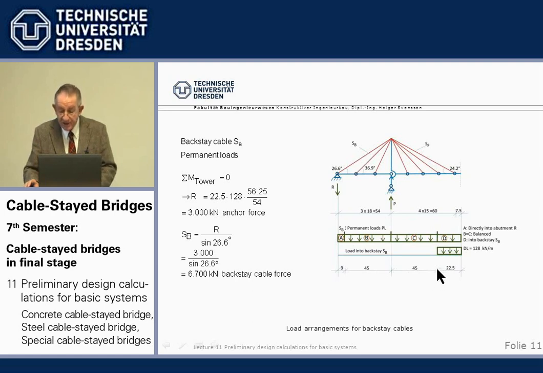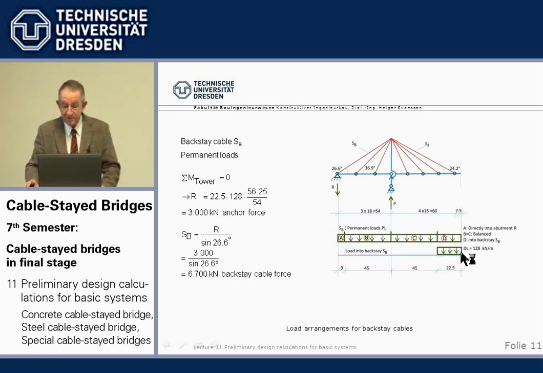What remains of the total length is 22.5 meters of dead load, which go directly into the backstay cables, which stress the cables under permanent loads. This is very important, because if we later have live load in the side span and there is compression in the backstay cables, it means a reduction of the tensile force from this part of the dead load.